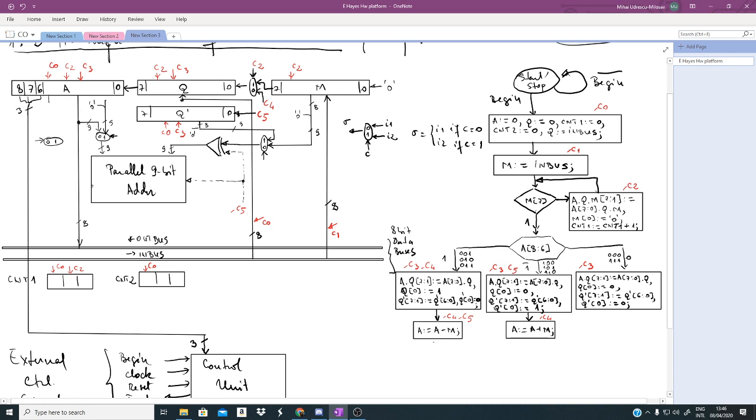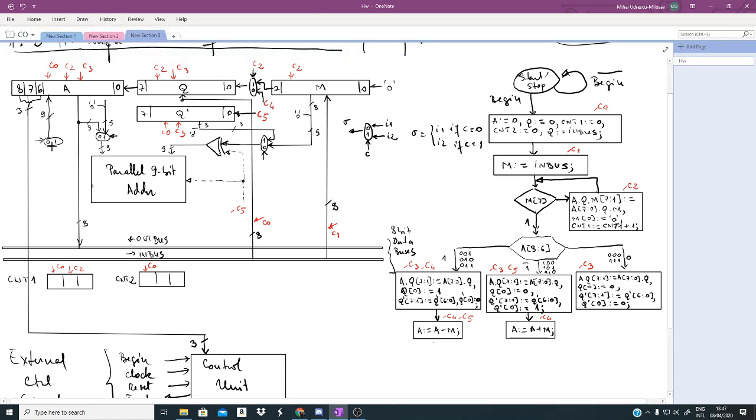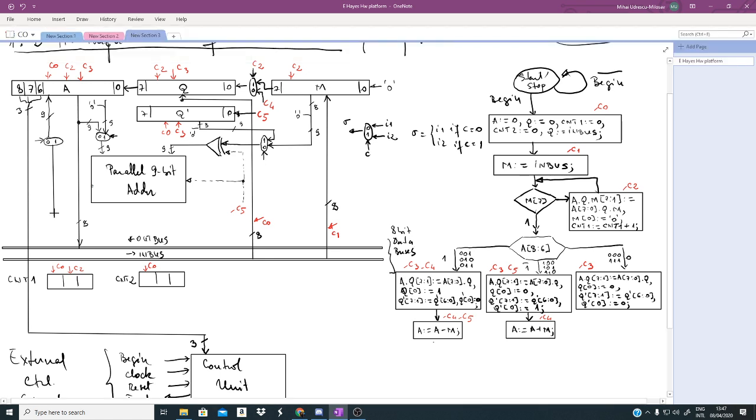So when it's on the 0 branch, the result on 9 bits will go to register A. Otherwise, it will go to register Q. So I'll just draw. Let's see, this and this.